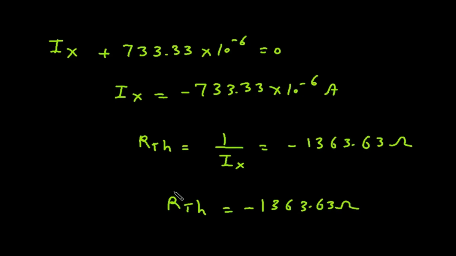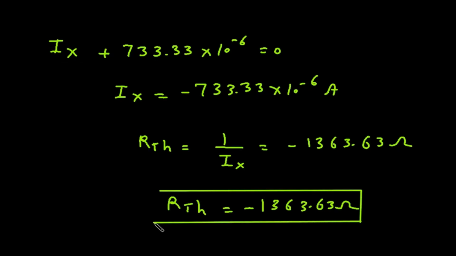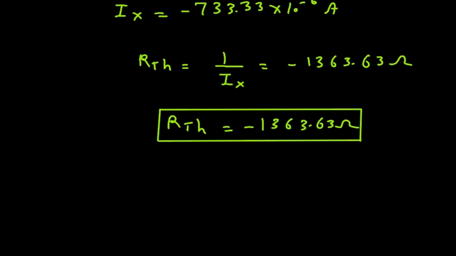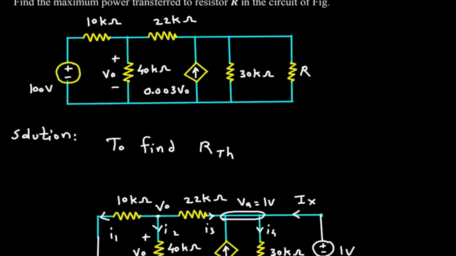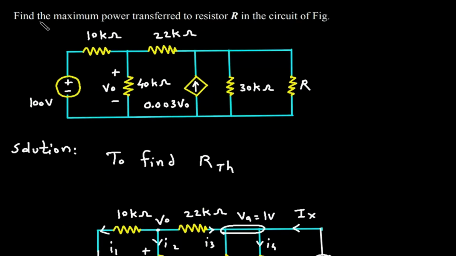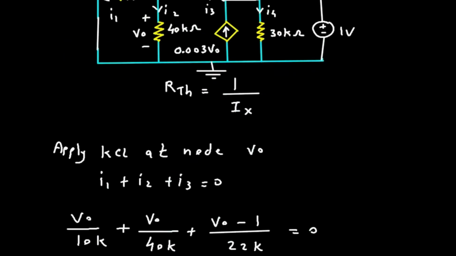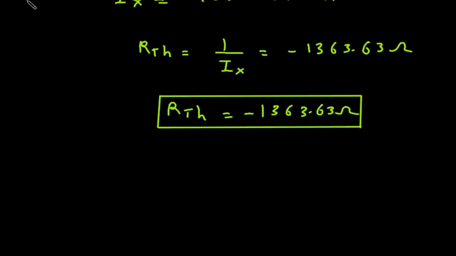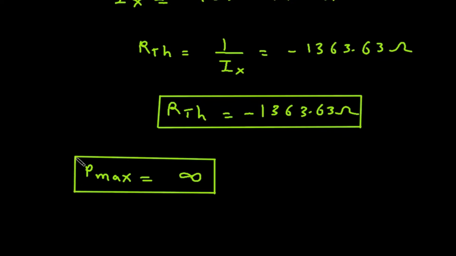Now this RTH is in minus. Next we have to find VTH. We have to find the maximum power transferred to resistor R. Since the RTH is negative, therefore Pmax is equal to, directly we can say Pmax is equal to infinite. So this is our final answer.